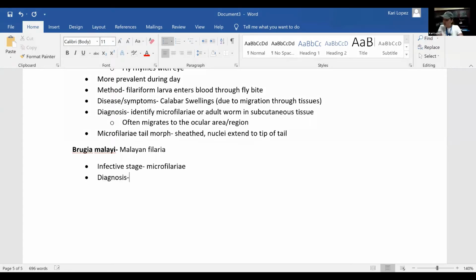So your diagnosis is going to be, you can either find the microfilaria where? Blood? Yes, microfilariae in the blood, or the adult worm in the tissue.